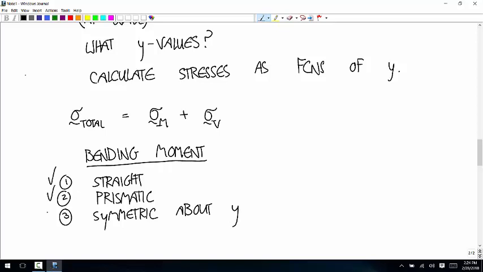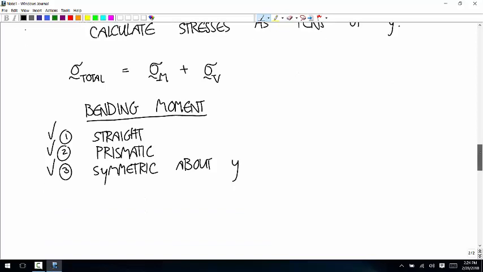So we have all these in this case. And in that case, what element of stress is bending going to affect? XX, that's right.